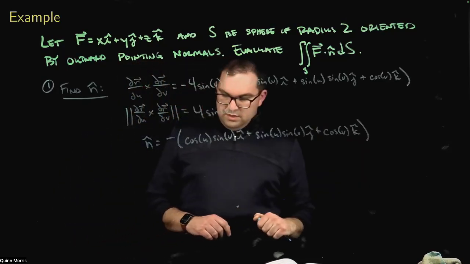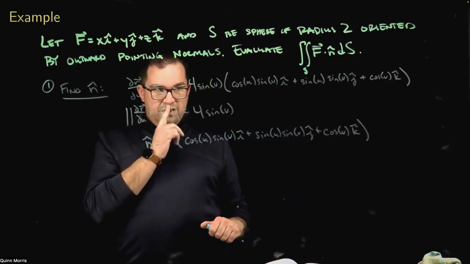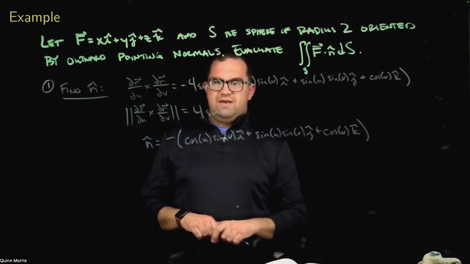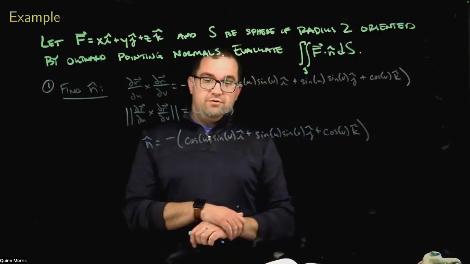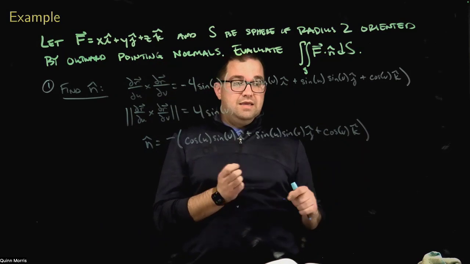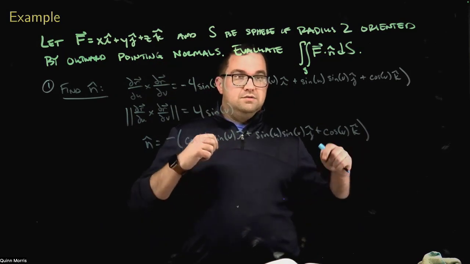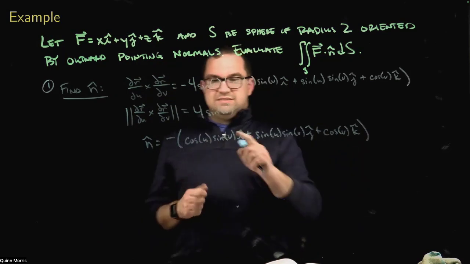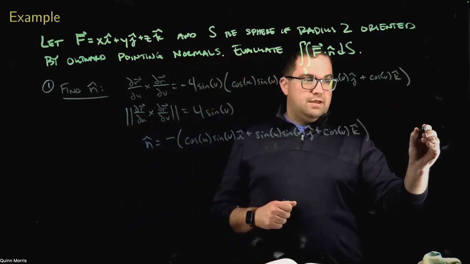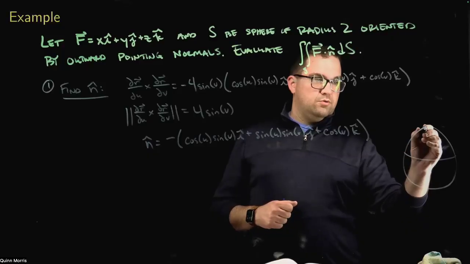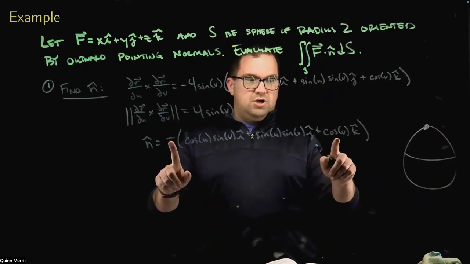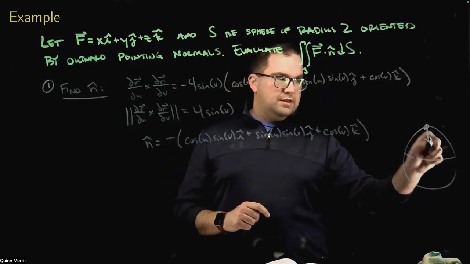All right. Now, let's be a little careful, though, because I need to ask myself, in what direction is this vector pointing? One nice way to figure this out is to pick a particular point, like what happens when v is, for example, 0? When v is 0, we're at the top of the sphere. This is giving us that our normal vector would be minus cosine of 0, which is minus 1 k.